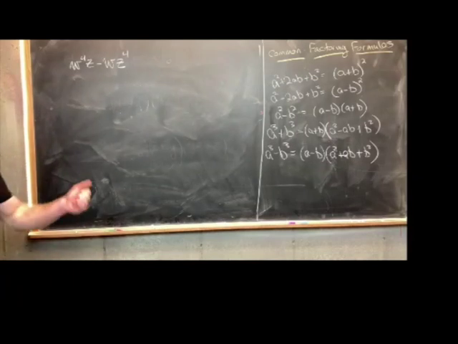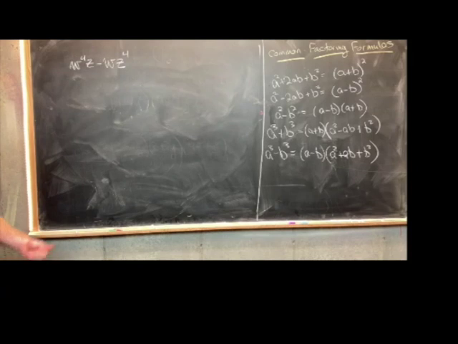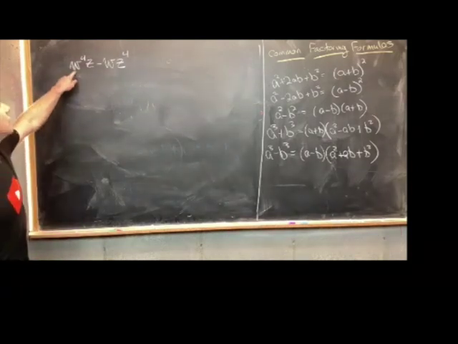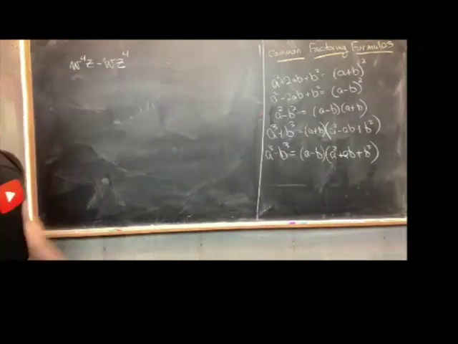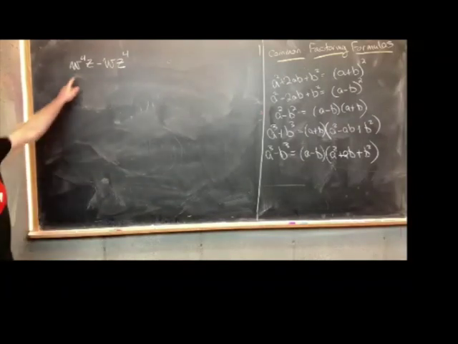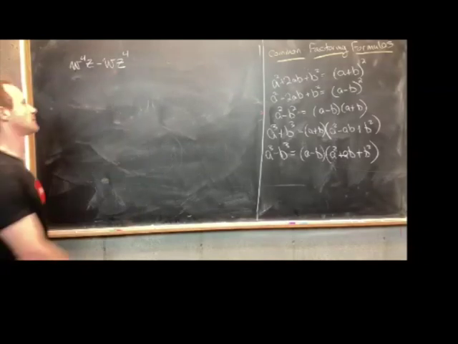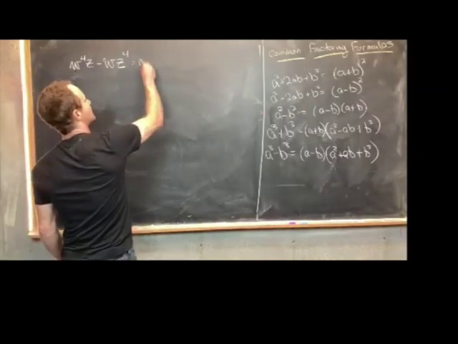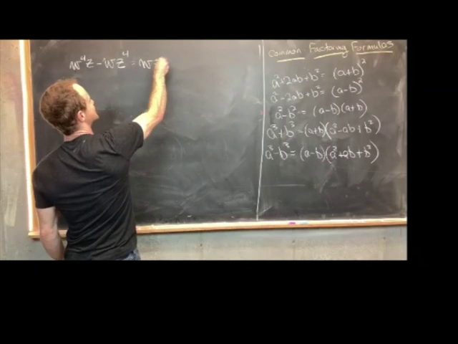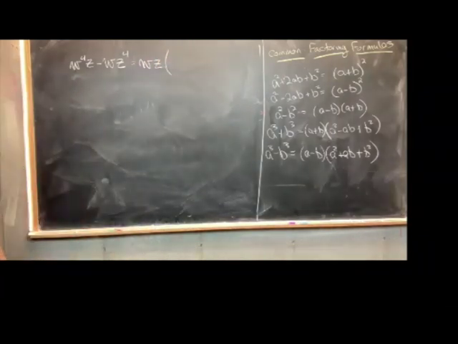Last time there wasn't a greatest common factor, but this time there is. Notice that we can factor a w and a z out of each of these terms, because here we have w to the 4, z to the 1. Here we have w to the 1, z to the 4. So in the end, we can factor out a single w and a single z from each of these.